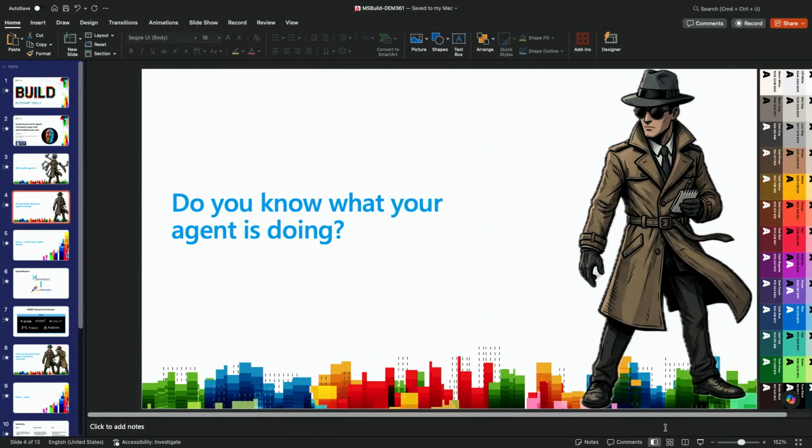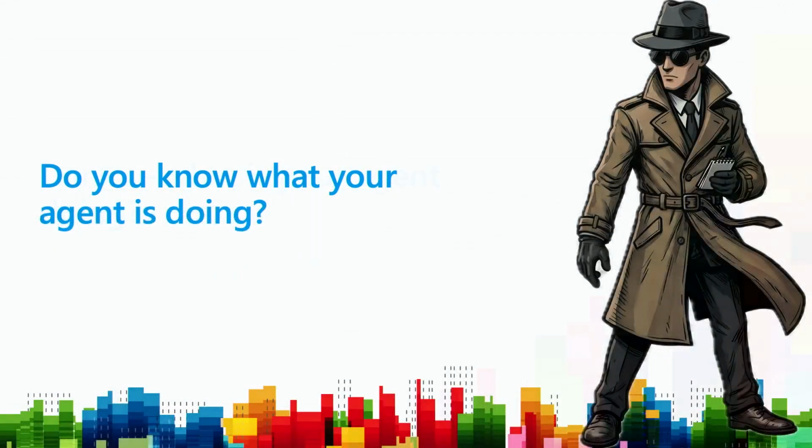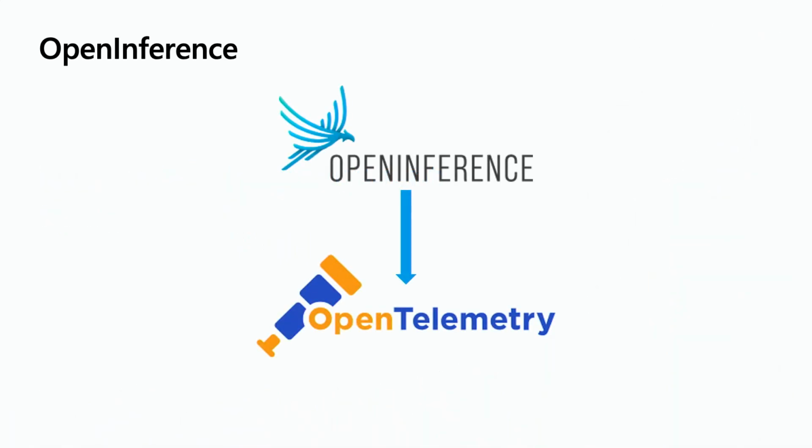So there is a thing called Open Inference. Has anyone heard of Open Inference? OK, one hand. Open Inference is an open standard extension for OpenTelemetry that works with the semantic conventions for AI. So basically, it makes AI work with OpenTelemetry. Now, OpenTelemetry are working on a Gen AI standard.